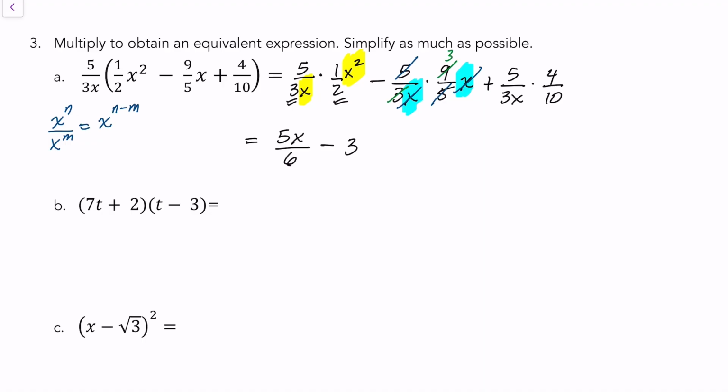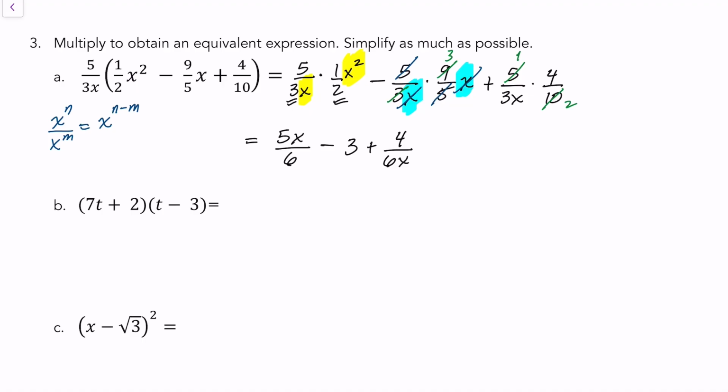And now for the last term, let's see what we can do here. This x does not cancel with anything else. There are no other x's around. But this 5 cancels with this 10, so this becomes a 1 and this becomes a 2. So this is actually 4 divided by 6x.